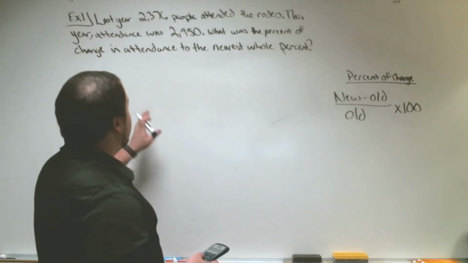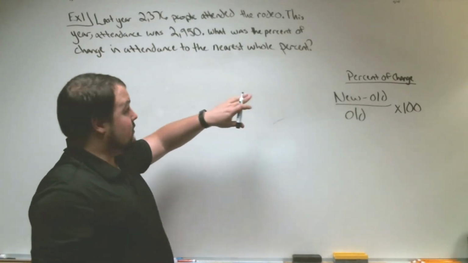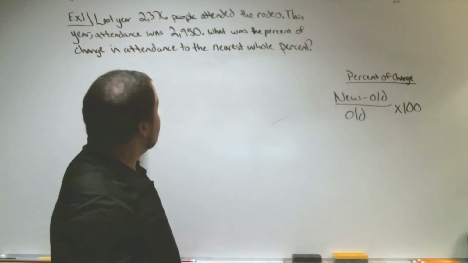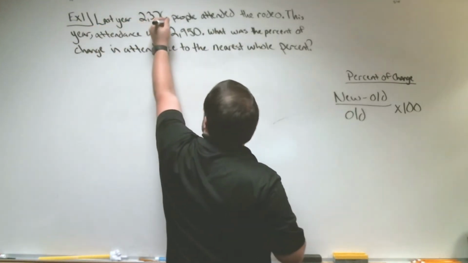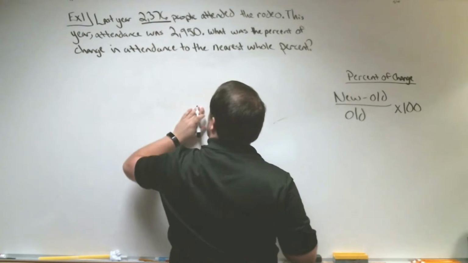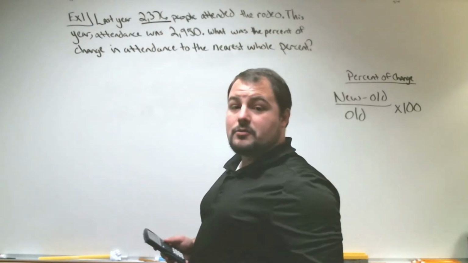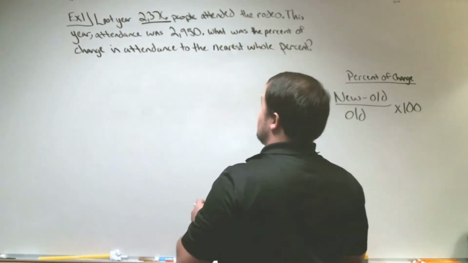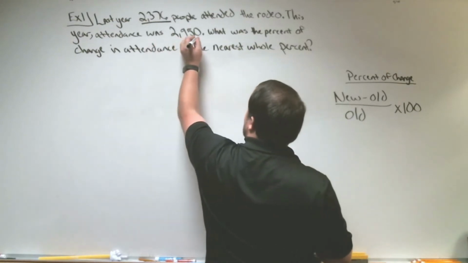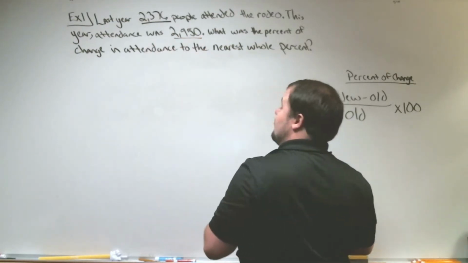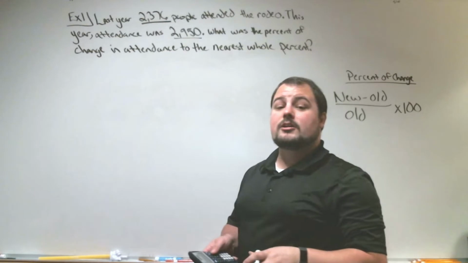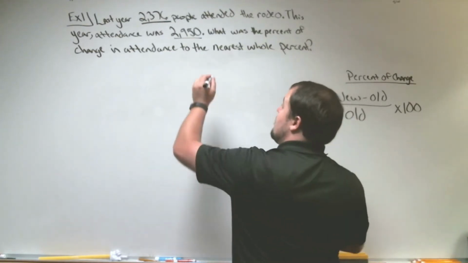We're going to go ahead and write down our percent of change equation with the numbers that we see in the problem. Well, last year, that's old. Last year is something that's old. So we have 2,376. That's an old number. This year, 2,950. So 2,950 is our newer information.